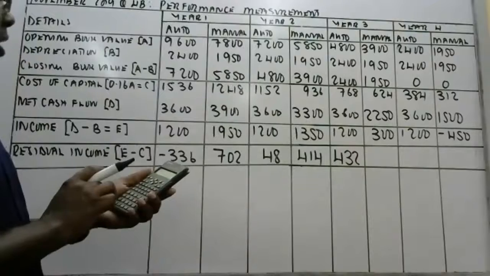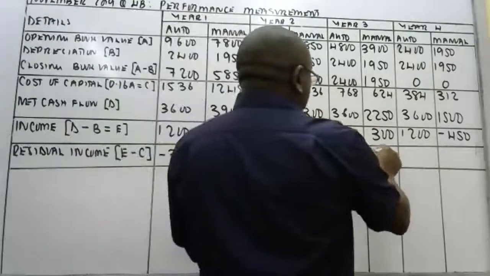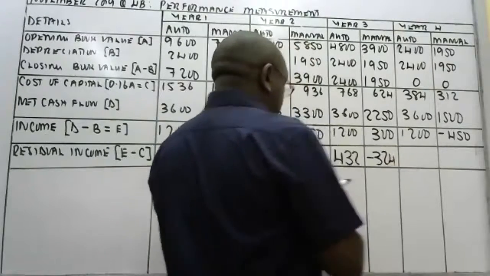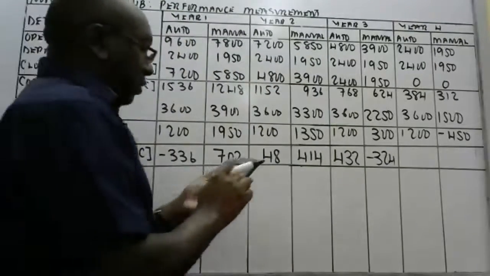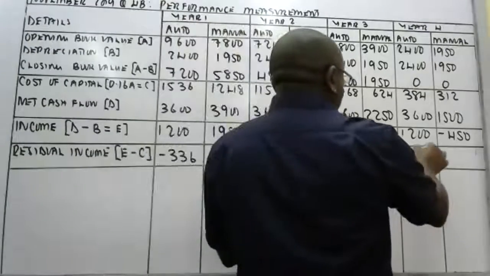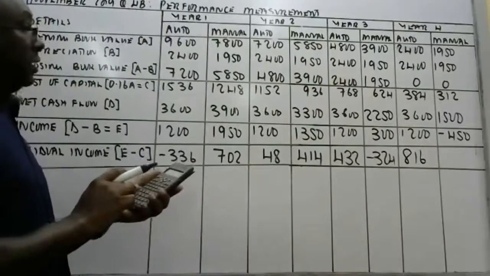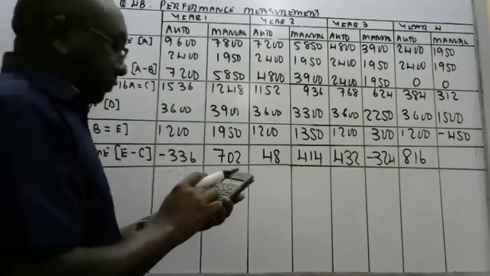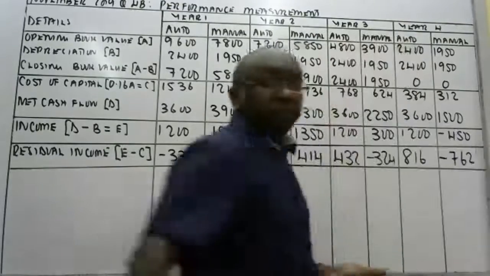Then 300 minus 624 is minus 324. 1200 minus 384 is 816. Minus 450 minus 312 is minus 762.